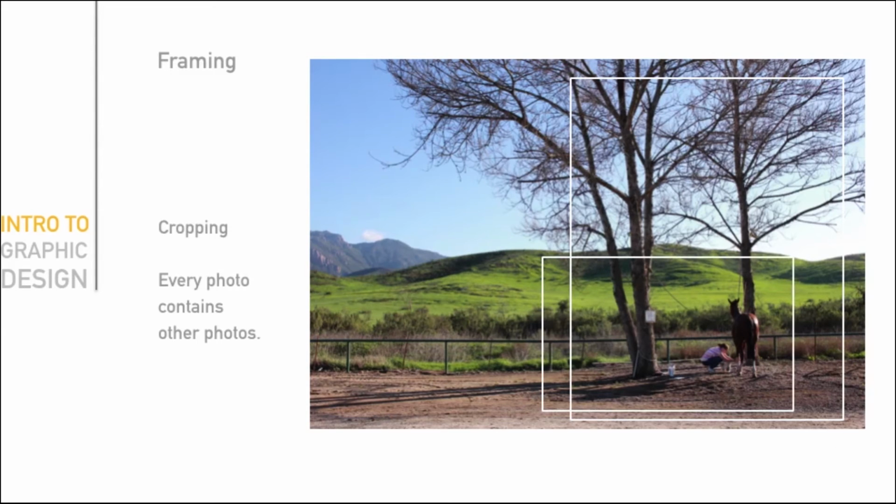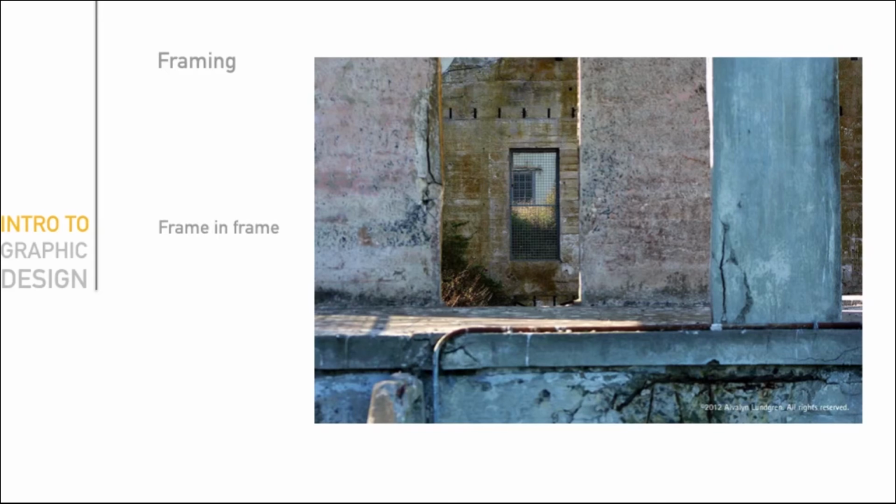Here's a general rule of thumb. Inside every photo, there are other photos. So you can take a larger photo and crop it in an interesting way, and you have brand new photos. The concept of frame in frame is that there are repeated framing devices within an image or an illustration that frame other elements within the image or illustration.